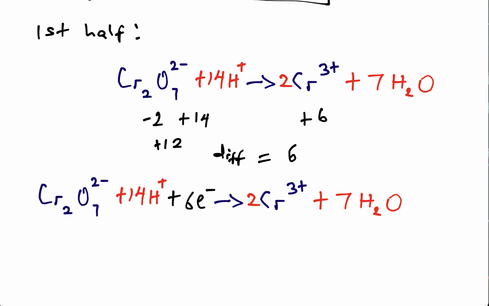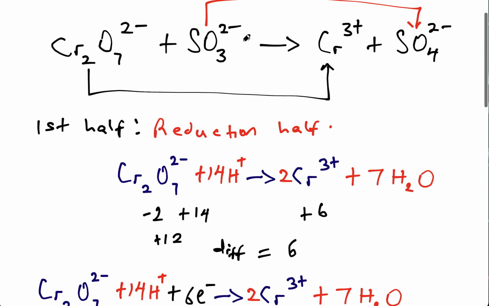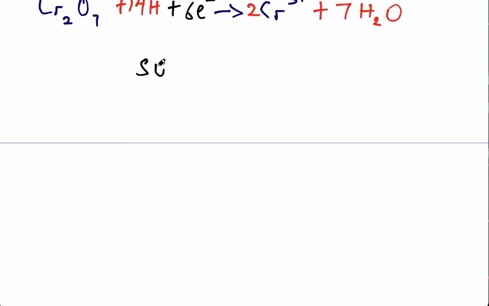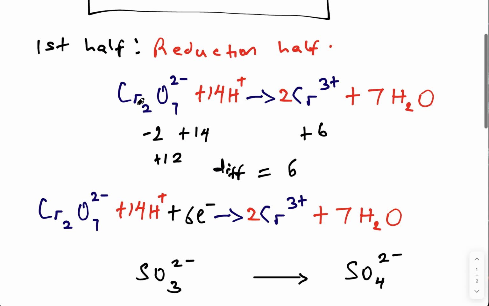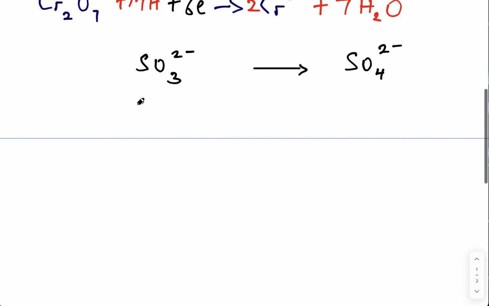Now, let's go forward to the other half. So now this first half is the reduction half. So you can now properly name it as this is reduction half. So let's go to the other part of our equation. The next one is SO3 2- to give SO4 2-. Now, what you notice in this place is that we can easily see that this is the second half, and this second half is oxidation.